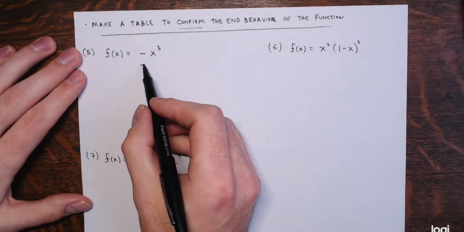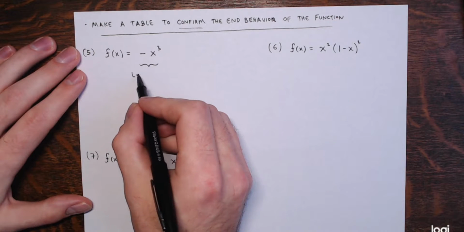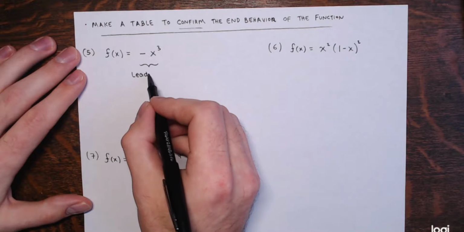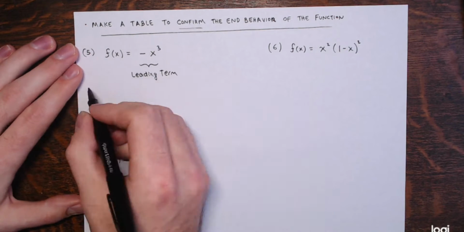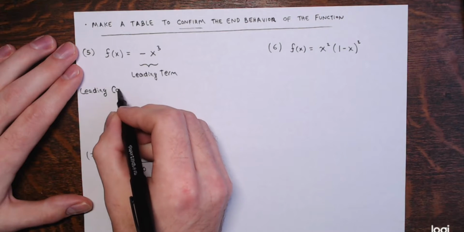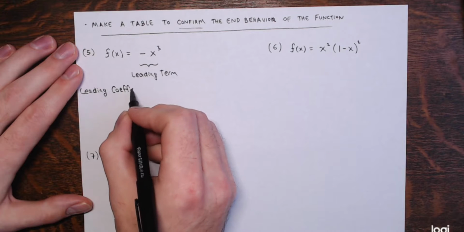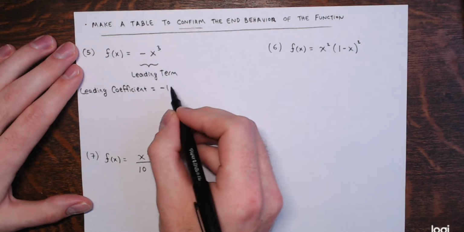Okay, so this example here, f of x equals negative x cubed. It's the only term, so it's definitely the leading term. So the leading coefficient is -1, so negative.